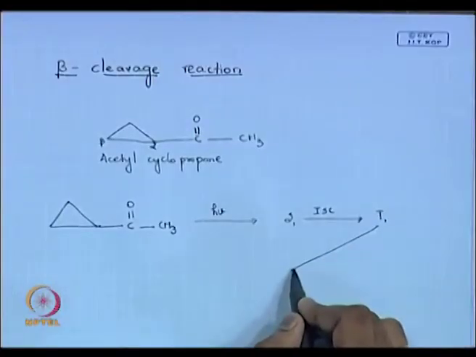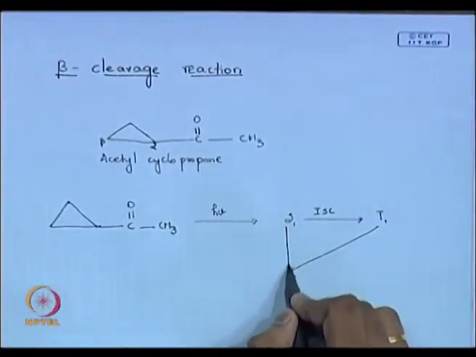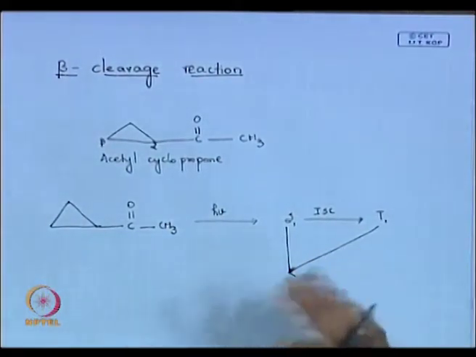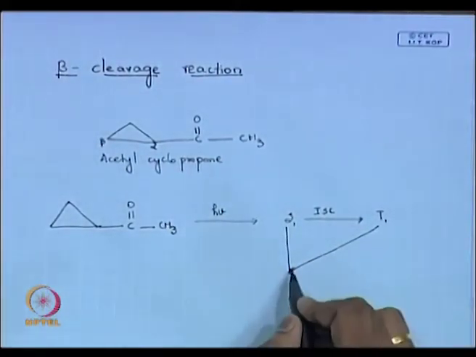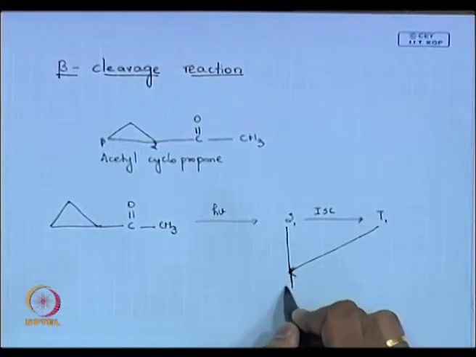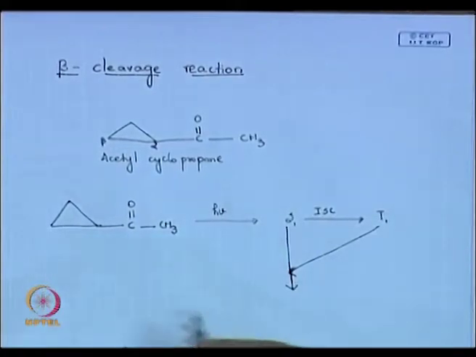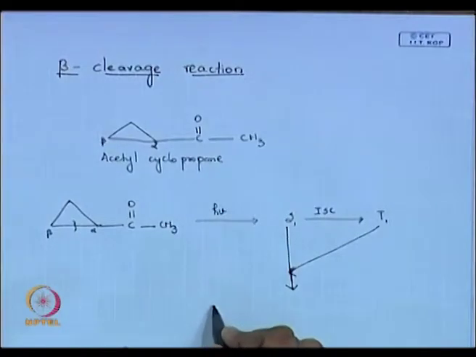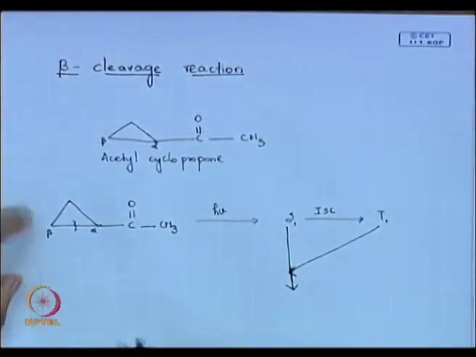So, now I can say that it can happen from S1 as well as T1, depending upon your ketone, to give me what? I can cleave this bond. This is my beta and alpha bond. What should I get?